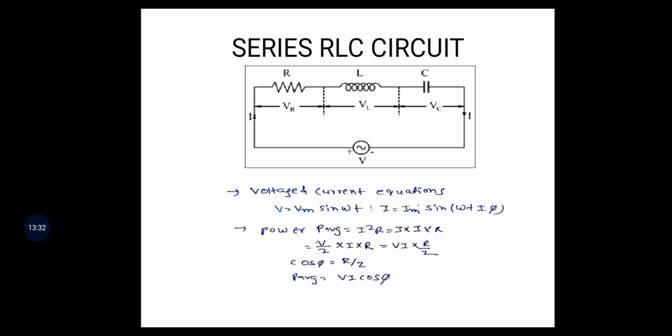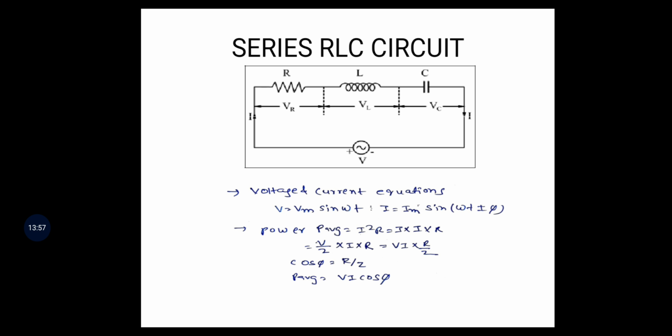Some more points to remember, very important. Again, the applied voltage in a series RLC circuit is V equal to root of VR square plus (VL minus VC) whole square, that is XL greater than XC. Impedance Z equal to root of R square plus (XL minus XC) whole square.